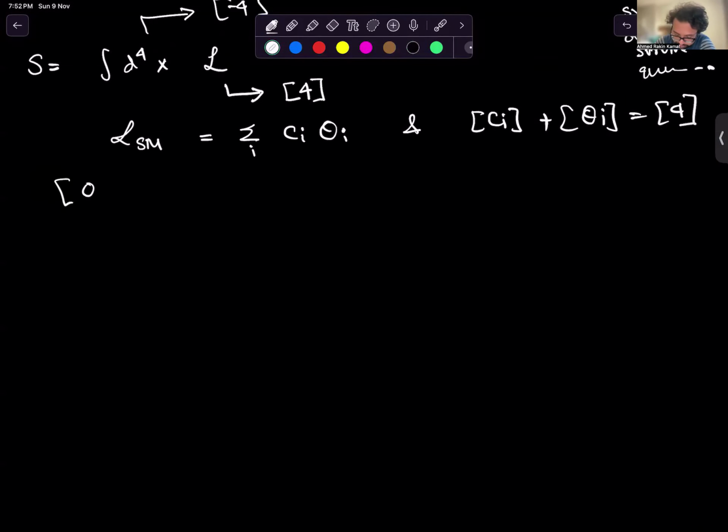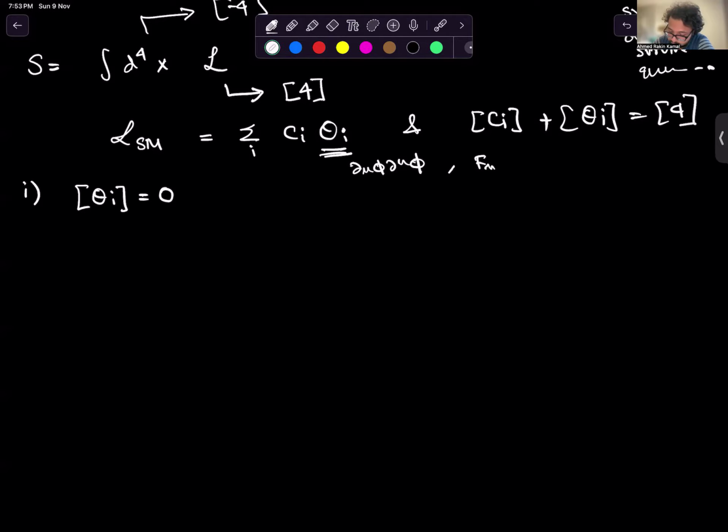Also, a bit of note is that, for example, theta equal to 0, where theta are the terms in the, for example, this could be a theta.